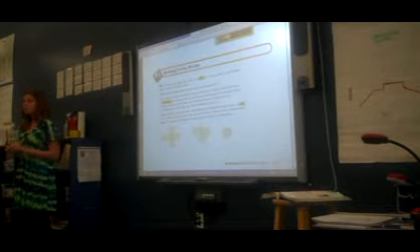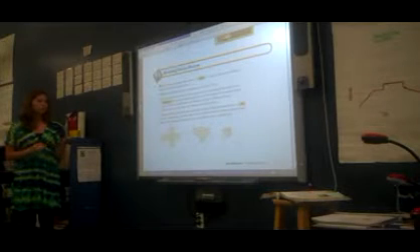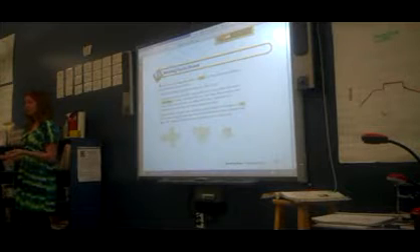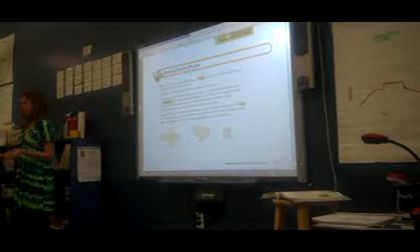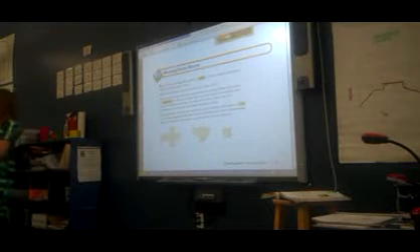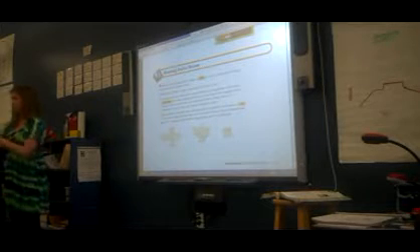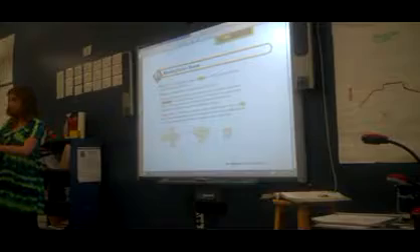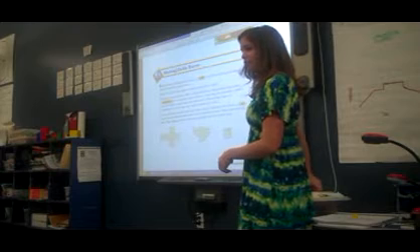Now today, what we're going to be working with are things called nets. Nets are 2-dimensional patterns that can be folded to form a 3-dimensional figure. We're going to be working with nets of cubes today. And now, we can relate the net to what you guys were talking about with our moving boxes. They're flat, and we have to fold them up to make a cube, to make a box to put our stuff in. Are you guys still writing down the definitions?